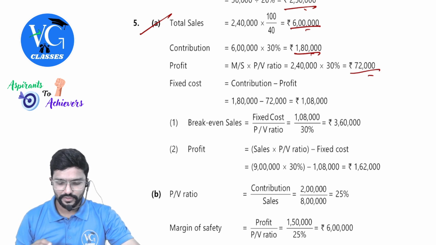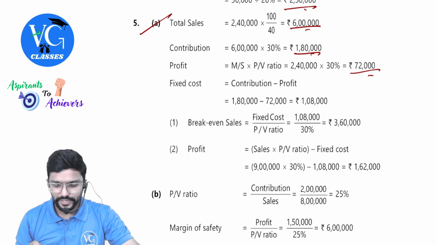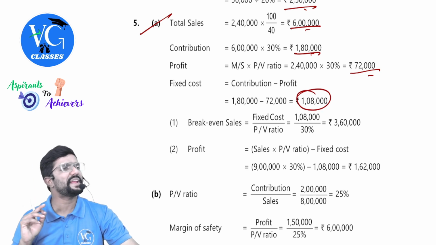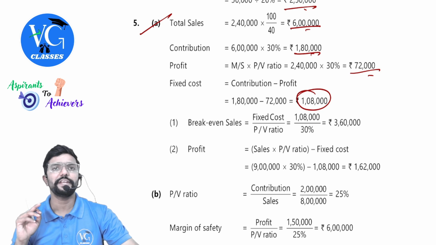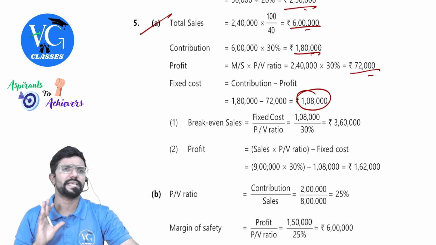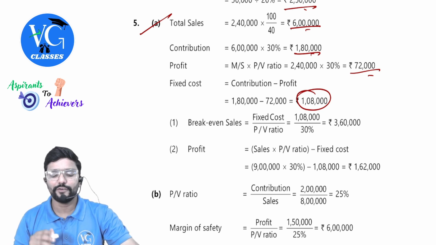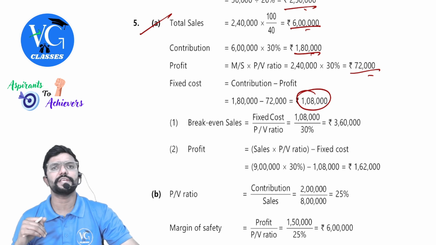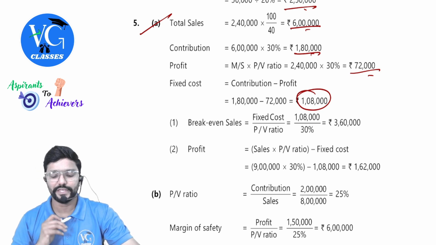Now contribution minus profit is equal to what? Fixed cost. They have done it this way, that is also fine. Or else you can find it through the break-even sales formula also, you will get the same, guys. No worries. They have found the profit and deducted it from contribution. The balancing figure is fixed cost. You can do it that way also.